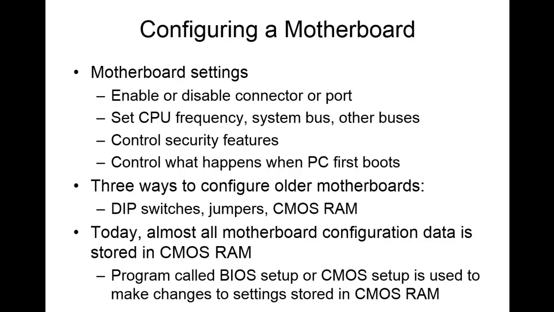For today's motherboards, the program called BIOS, or Basic Input-Output System, is used to set up and make changes here in this CMOS RAM. The BIOS identifies, tests, and initializes components and boots to the hard drive. The CMOS is going to store the time and the date.